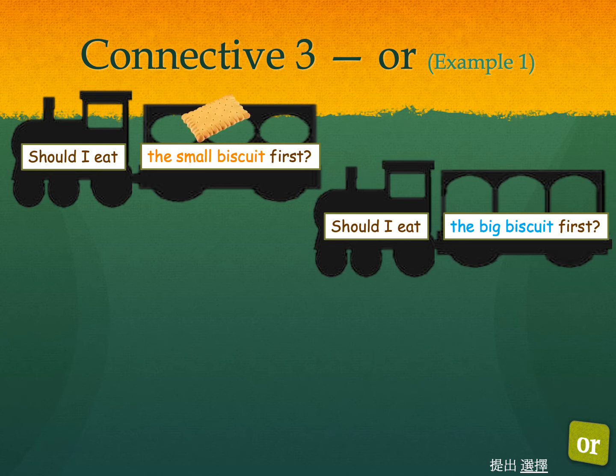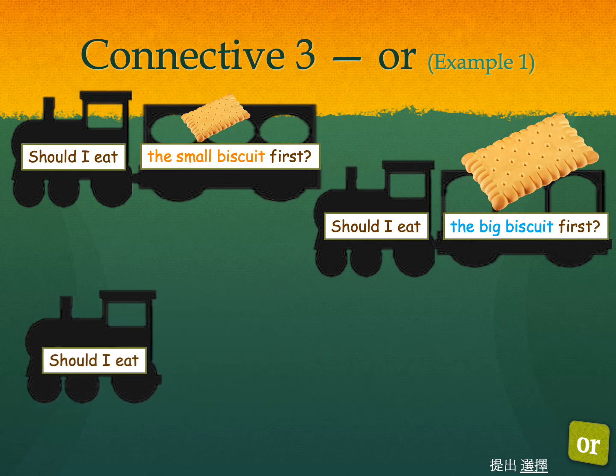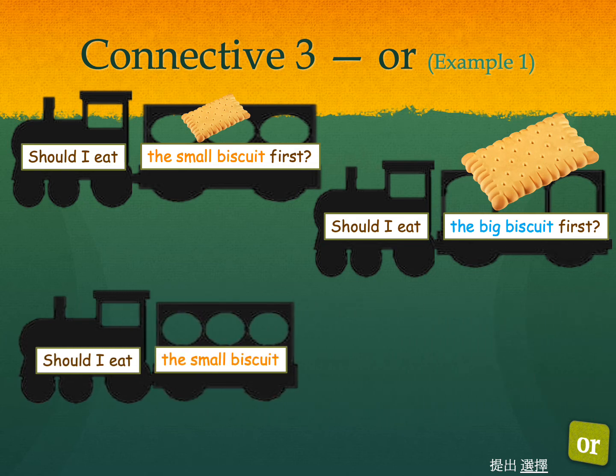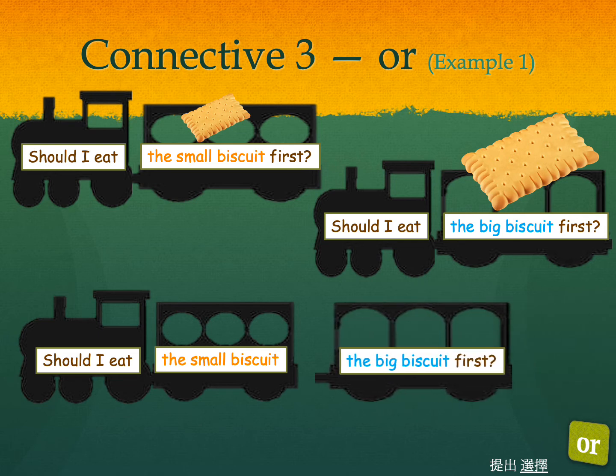So you have the small biscuit and the big biscuit. Which one do you want to eat first? Should I eat the small biscuit, the big biscuit? These are two choices, so we use or to join them together.